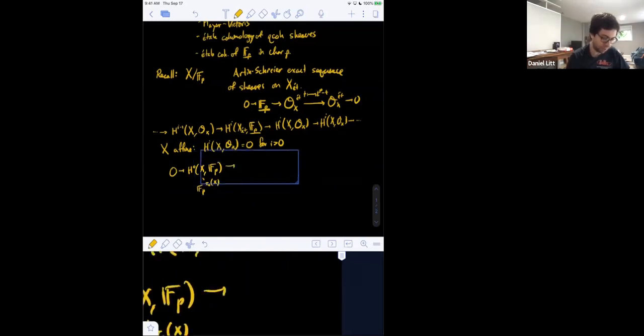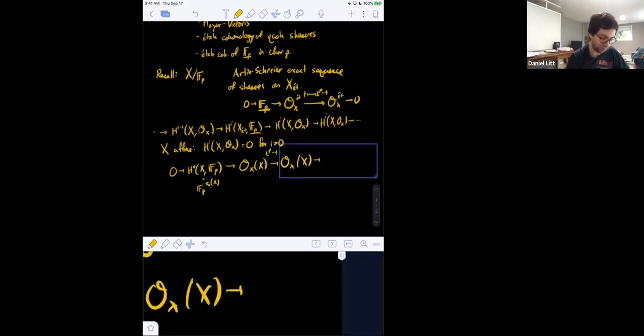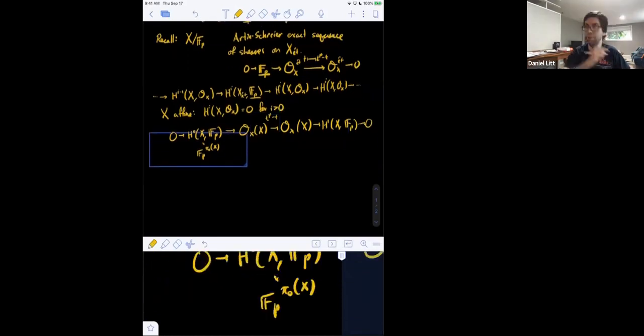That maps to O(X), so just global functions on X. That maps to O(X). This map is this Artin-Schreier map, t to t^p minus t. And then the cokernel of this map is H^1(X, F_p). When I write H^1(X, F_p), I now mean in X étale. I'm going to omit that.